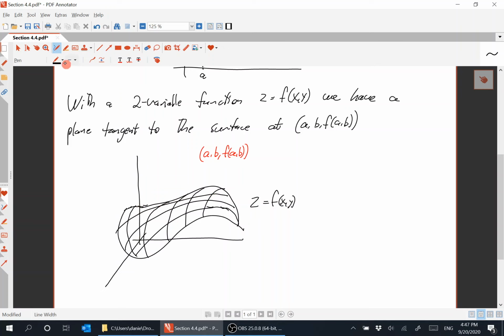All right, so at a given point on the surface, a, b, f of a, b, you have two tangent lines.